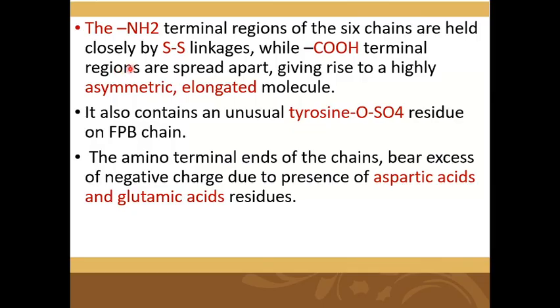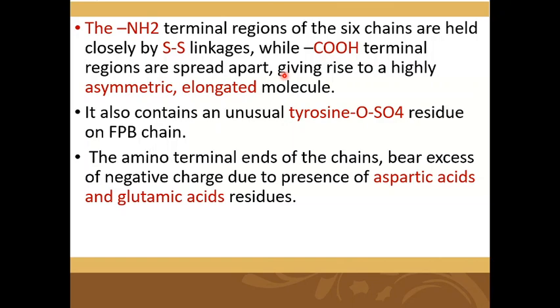The NH2 terminal regions of the 6 chains are held together by disulfide linkages, whereas the carboxylic terminal regions are spread apart, that is, they are far. At the end of the molecule there is a carboxylic terminal, and this gives rise to a highly elongated molecule.